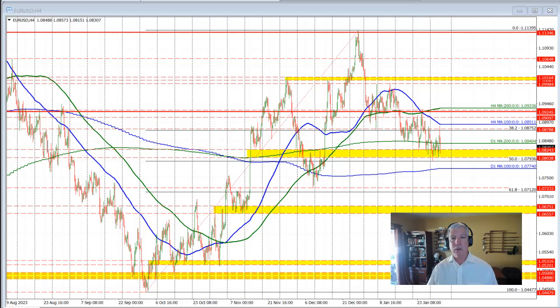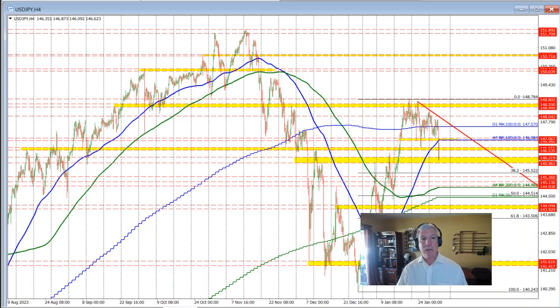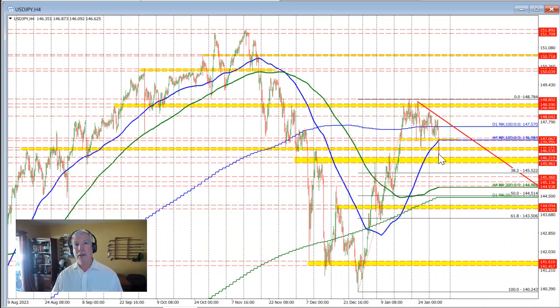Let's take a look at the dollar versus yen next. Again, we'll look at the 4-hour chart. You can see that the price low in trading today before the FOMC decision came down into this swing area between 145.96 and 146.219. Since then, the price has moved higher.